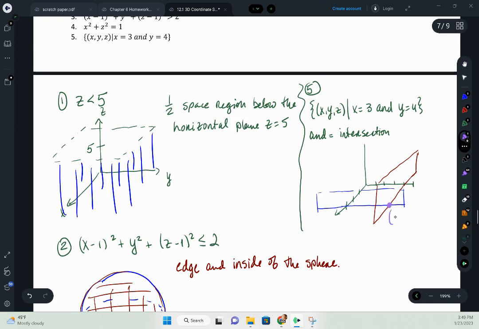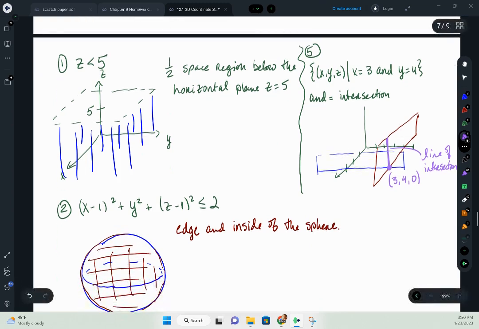This point has a value where x is equal to 3, y is equal to 4, and z is equal to 0. Okay? And there is a line of intersection where the two planes are crossing. And that's what this is, okay?